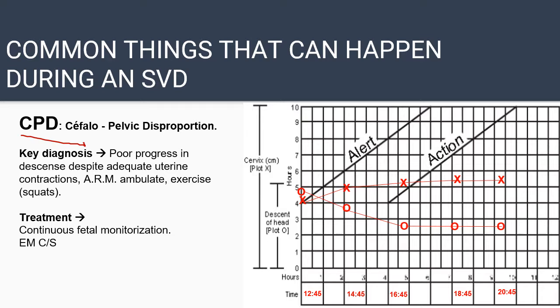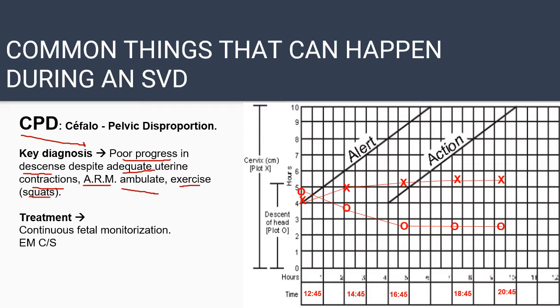So what do you have to do? The key to diagnosis is poor progress in the descent despite adequate uterine contractions, despite artificial rupture of membranes, and the mother ambulating and performing exercises like squats, as Sister Tati said to you in the visit last week. The mother has to have all the conditions for a normal delivery.